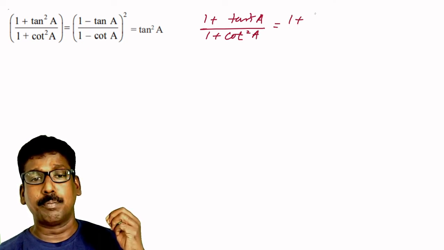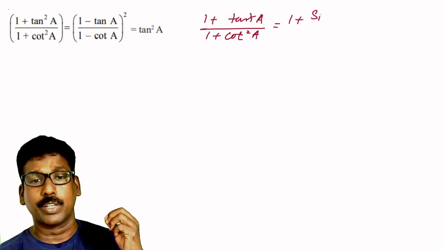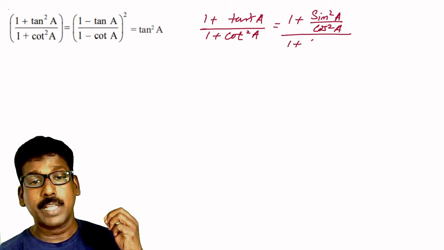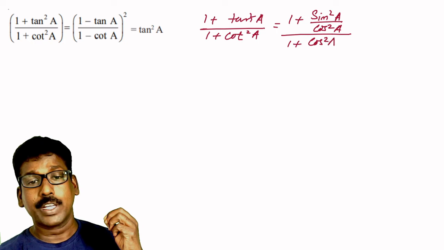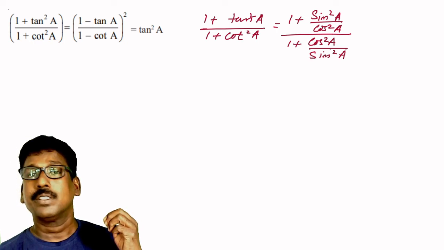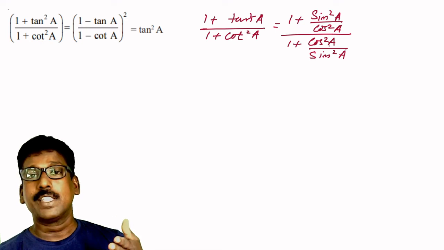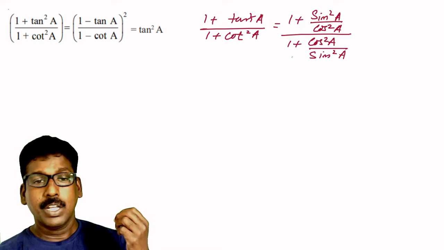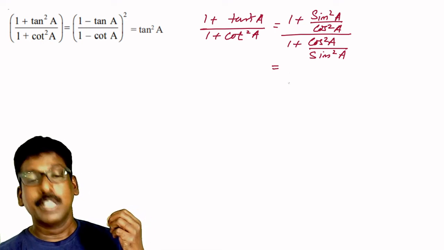So you can write 1 plus tan square A by 1 plus cot square A in terms of sin and cos. So it is 1 plus sin square A by cos square A, divided by 1 plus cos square A by sin square A, since cot A is equal to cos A by sin A. Simplify, what will you get?